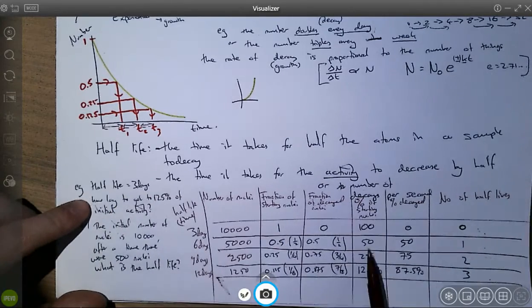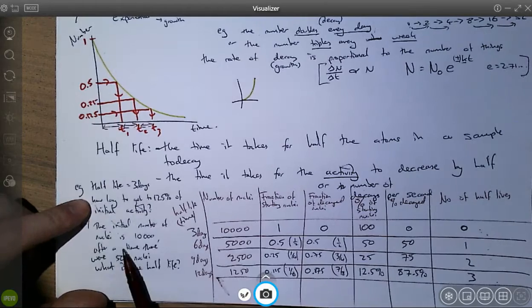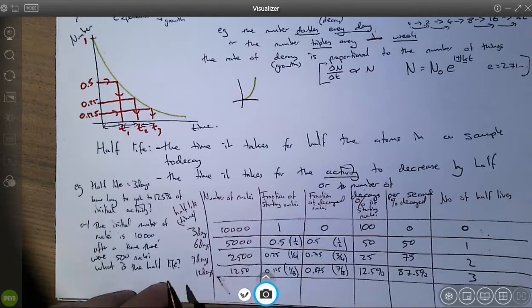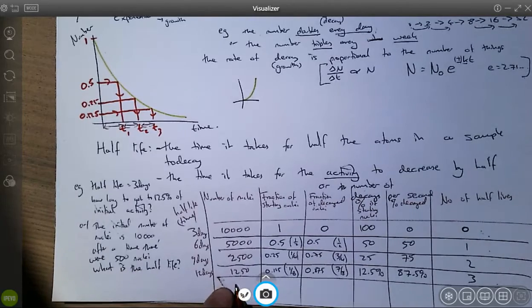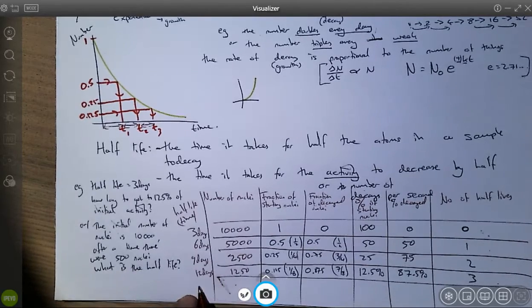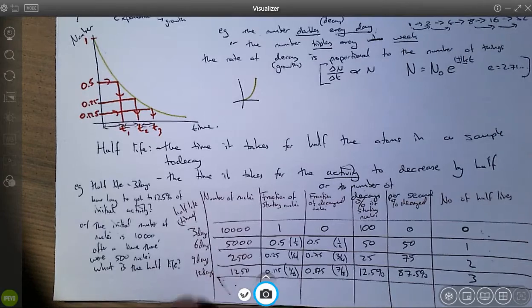We've got 12.5%, 12 days. In the second question, we've got 500 nuclei left. Okay, so I haven't actually gone that far.